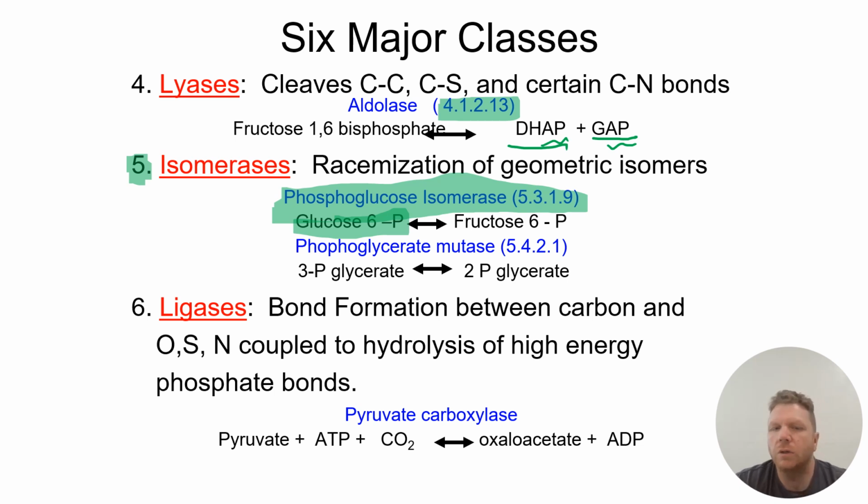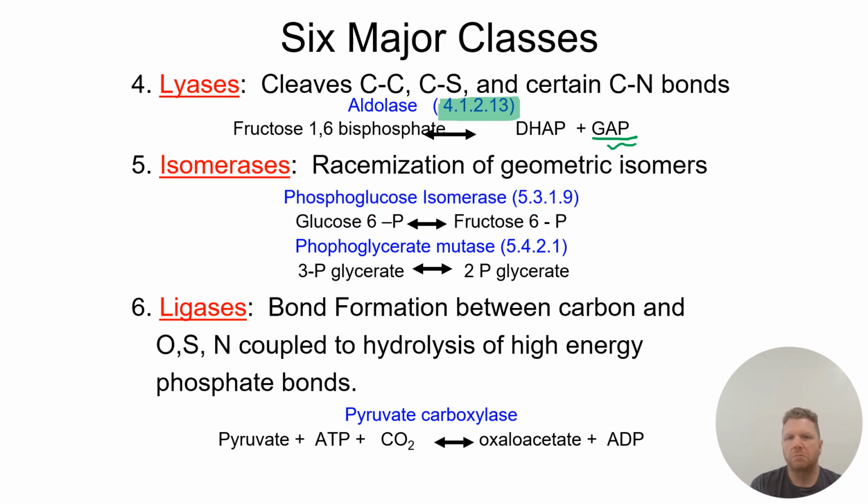Okay, phosphoglycerate mutase, 5.4.2.1. 3-phosphoglycerate is rearranged to 2-phosphoglycerate. So we're just rearranging the atoms of this. That's all that an isomerase does. So when it comes to knowing enzyme numbers, people always like to know isomerases because they're really just taking a molecule and rearranging its atoms.